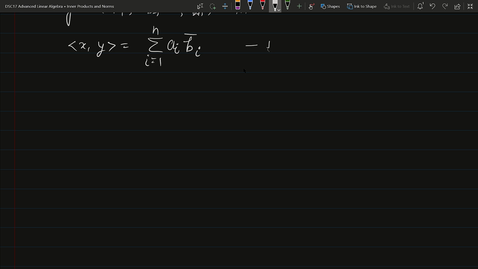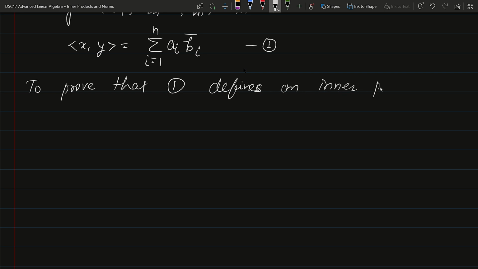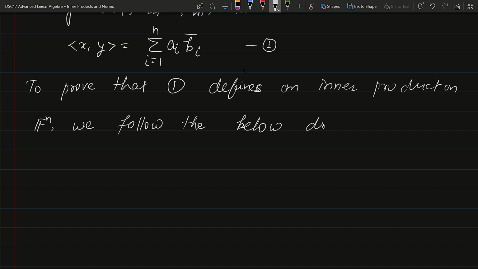अब हमें इसको इनर प्रोडक्ट प्रूफ करने के लिए चार प्रॉपर्टीज को सेटिस्फाई करना है. Okay, so let me call it 1. ठीक है, so to prove that 1 defines an inner product on F^n, we follow the below discussion. Let me write the first one.